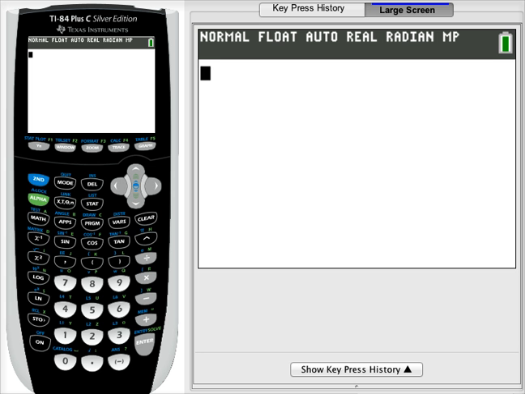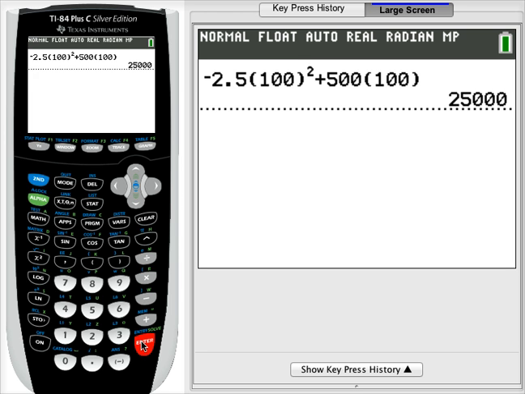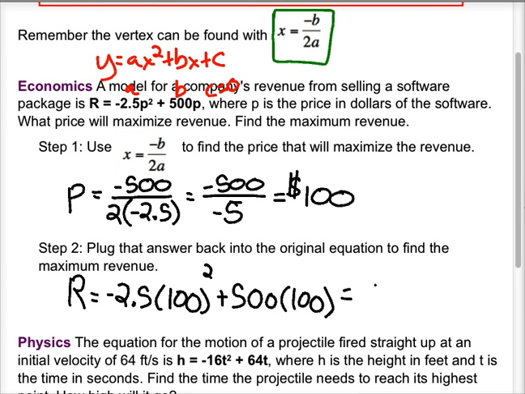And again, just to review how to type this into the calculator: negative 2.5, then I need parentheses around that 100, which I want to square, then plus 500, and again, when I'm plugging in the 100, I need parentheses around it. And that is going to give me 25,000. So for the software company, the maximum revenue is when they charge $100. And when they charge $100, they are going to end up making $25,000 total.